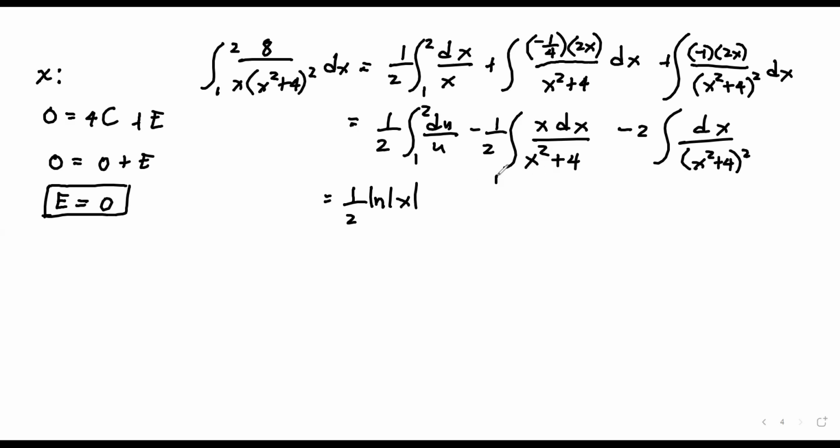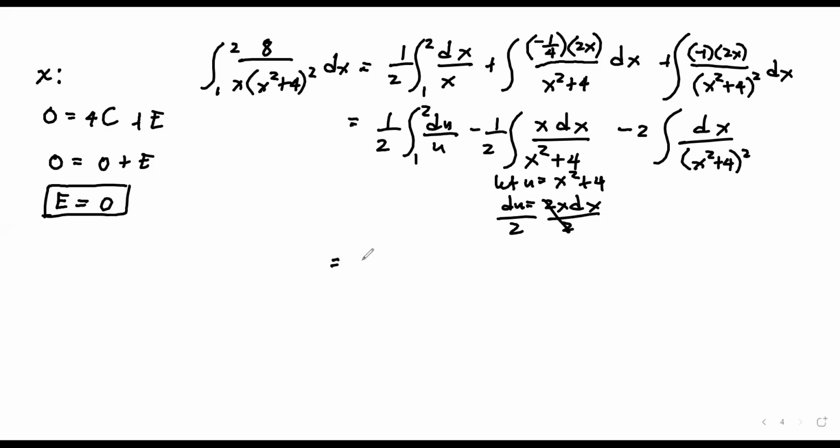And here, we let u be equal to x squared plus 4. And the derivative of u is 2x dx. Divide both sides by 2. So we will have 1 half du that is equal to x dx. So we will have 1 half ln absolute value of x minus 1 half, another 1 half, kasi ito ay du over u.